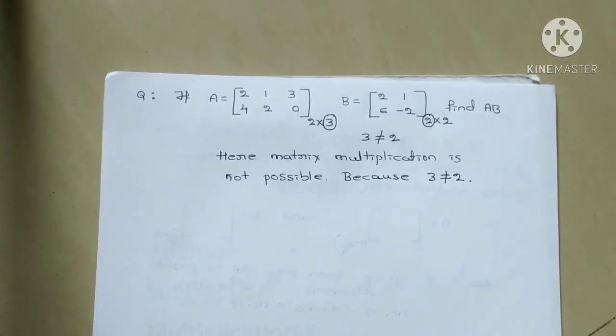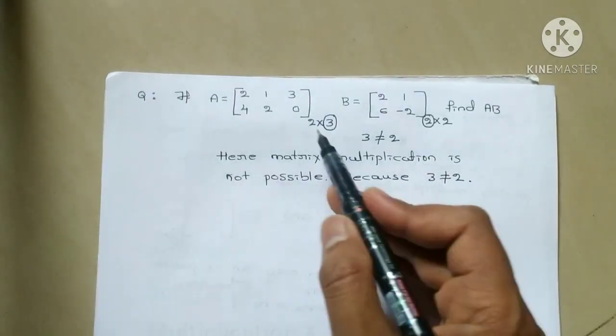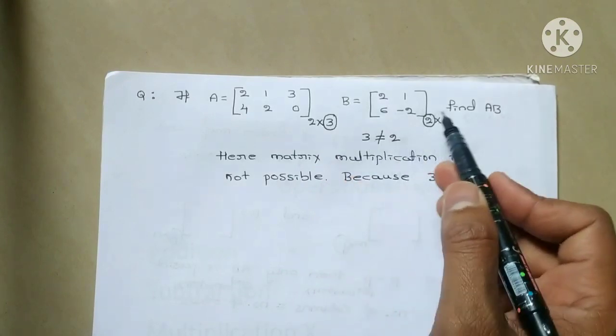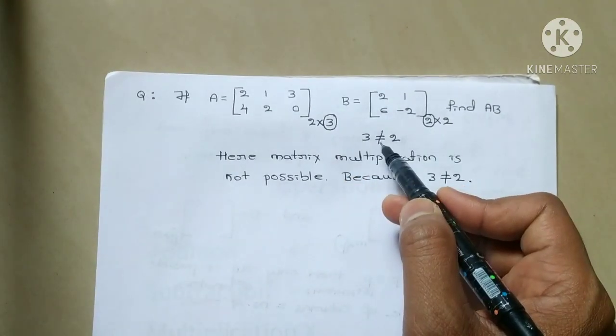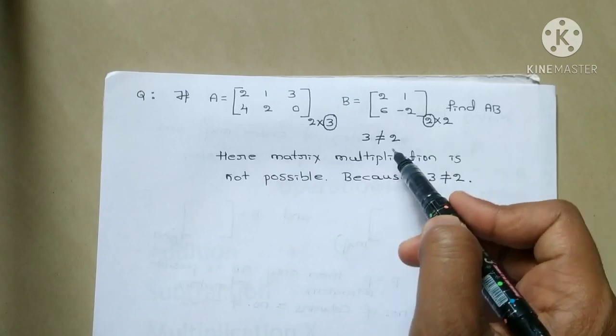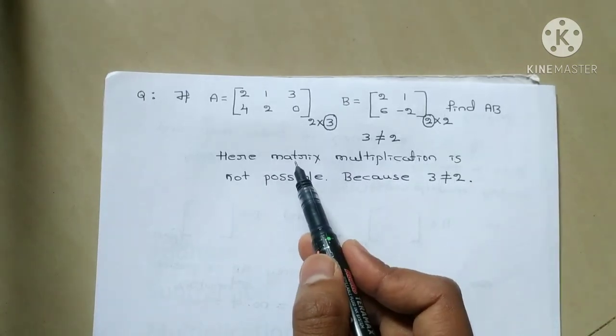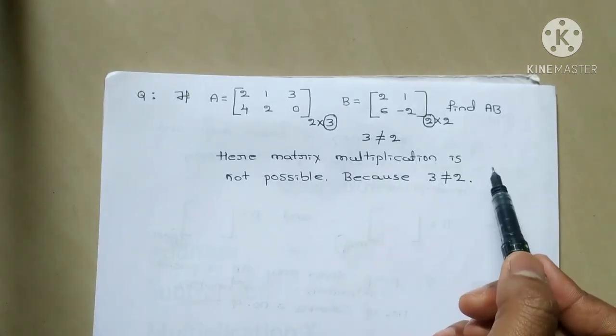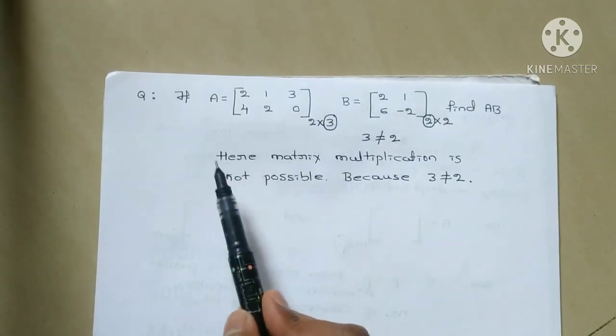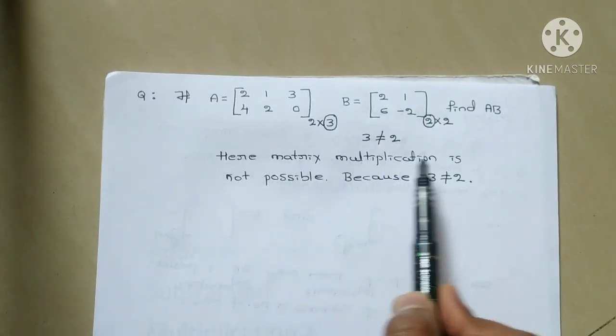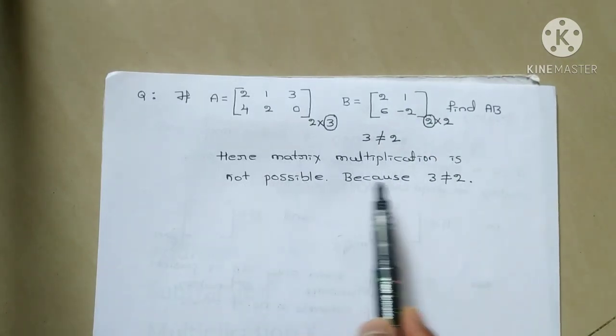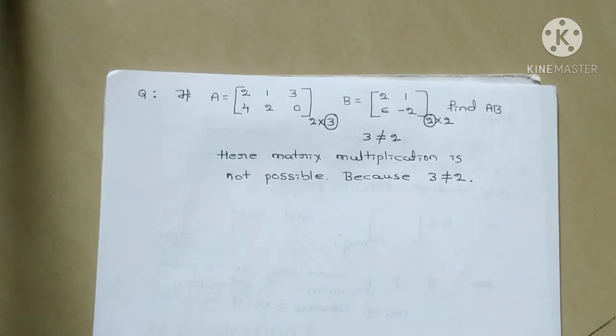So this is the answer. So if the number of columns in the first matrix is not equal to the number of rows in the second matrix, remember that time you cannot do matrix multiplication. So that time what to do? You have to write here matrix multiplication is not possible because 3 is not equal to 2.